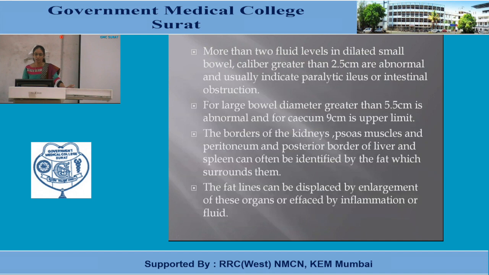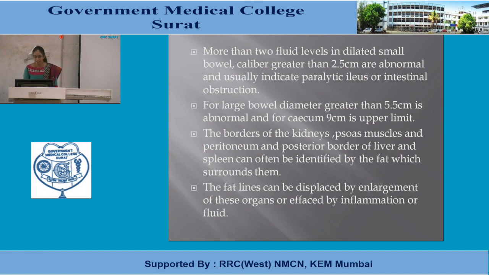More than 2 fluid levels in dilated small bowel, caliber more than 2.5 centimeter, are abnormal, and usually indicate paralytic ileus or intestinal obstruction. A large bowel diameter greater than 5.5 centimeter is abnormal, and for the cecum, 9 centimeter is the upper limit.